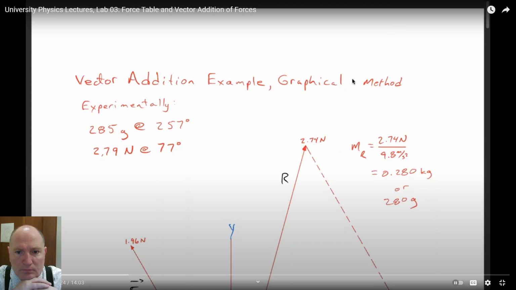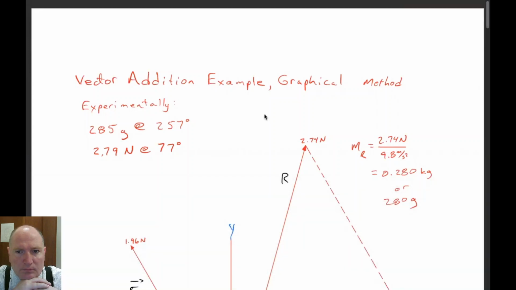I want you to see the screen. So we're doing vector addition example, the graphical method. Now, in the experimental method, I had 200 grams, 0.2 kilograms at 30 degrees and 0.2 kilograms at 120 degrees.